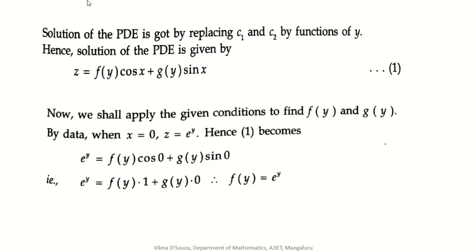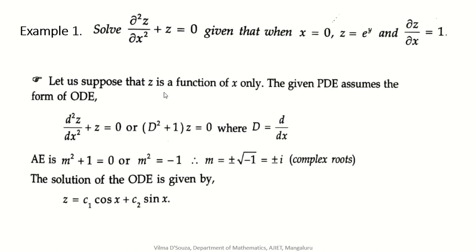Now the solution of the PDE is obtained by replacing the constants by functions of y. What you have done here is assume that z is a function of x only, and you have got it in terms of constants and functions of x: z = c1 cos x + c2 sin x.